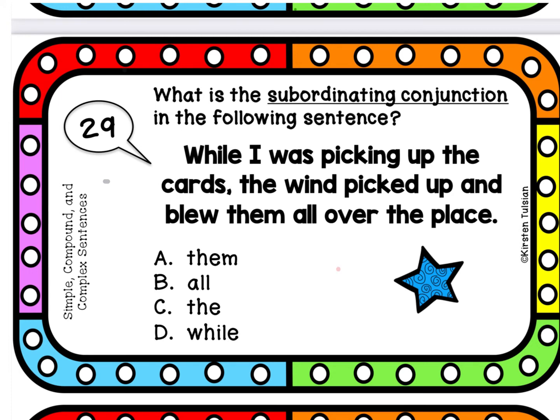So look at these words that we have at the bottom. Them, all, the, and while. See if you can figure out which one of these words we had on our list of subordinating conjunctions. I'll give you a minute to think.